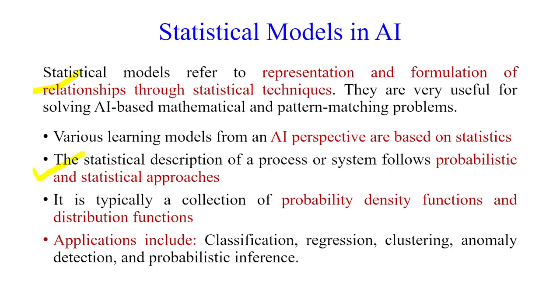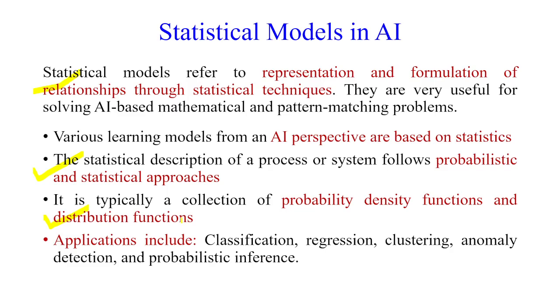This is much more realistic in real world situations. A statistical model is typically a collection of probability density functions and distribution functions. These are the mathematical tools that describe how data is distributed and how likely different outcomes are.